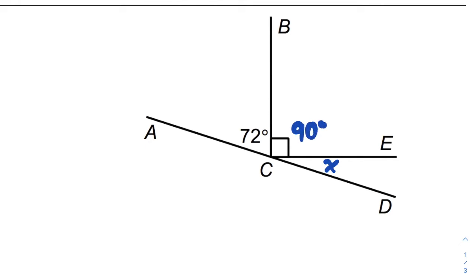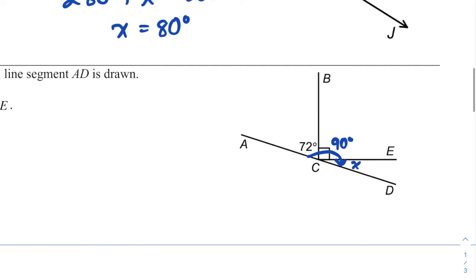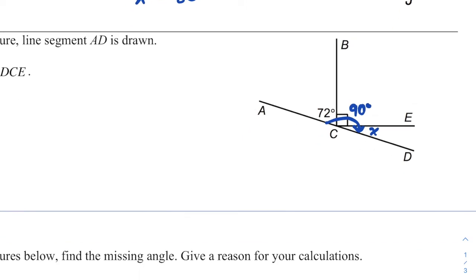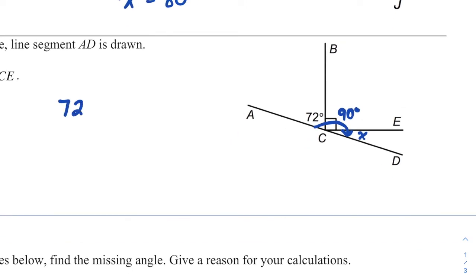Now if we notice, we have a straight line right here. Since we have a straight line, the angles on the straight line, those three angles, together will add up to 180 degrees. So we could set up an algebraic equation: 72 degrees plus 90 degrees plus X equals 180.